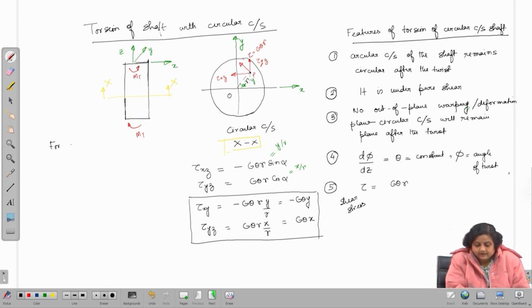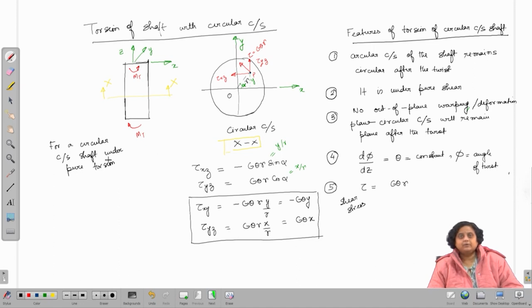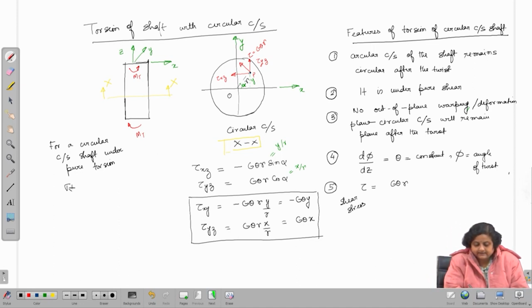For a circular cross section shaft under pure torsion, the only load that we have applied is the torsional moment or the twist moment MT. Under torsion, all the normal stresses are 0, tau xy is also 0.